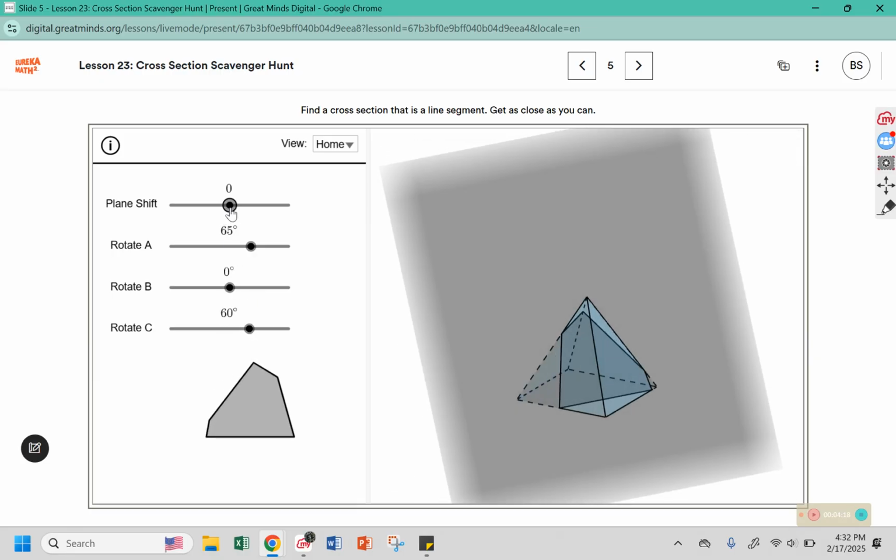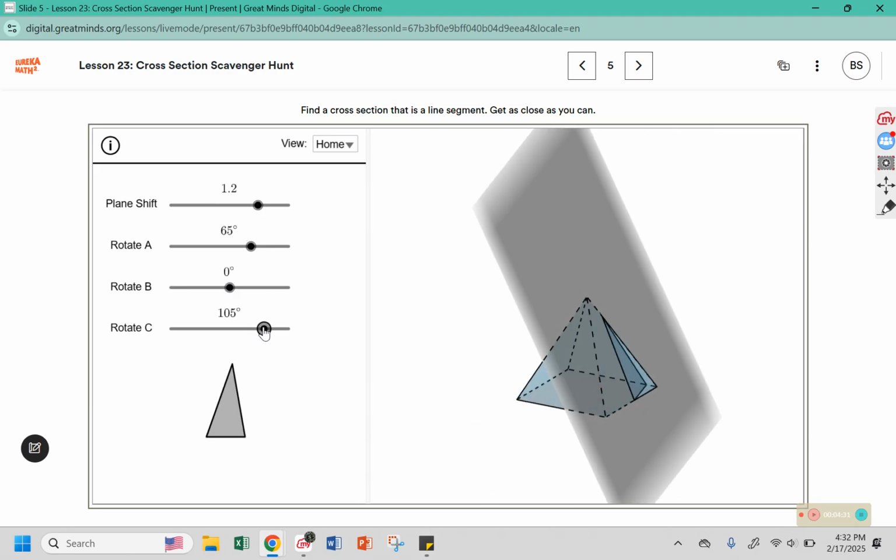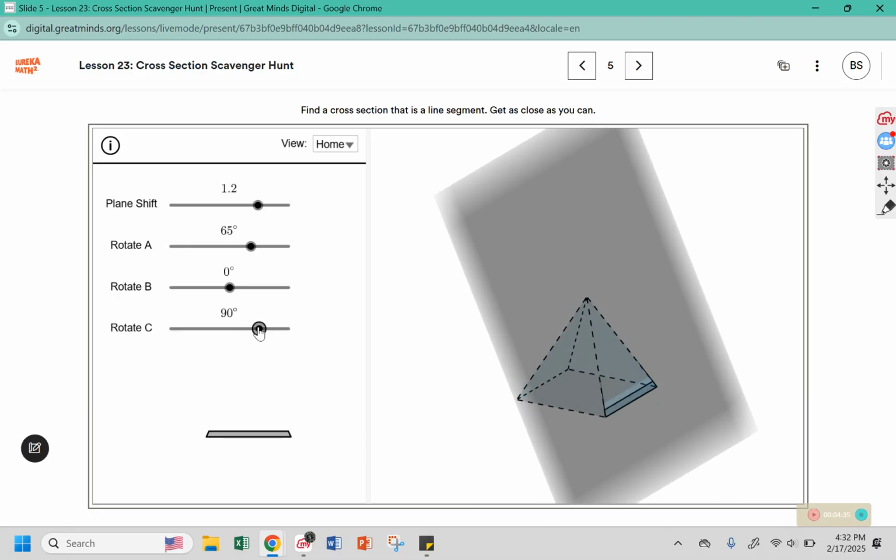And then we'll shift it out towards. And if we keep shifting it outwards, you can see it's going to get closer and closer to that bottom section.